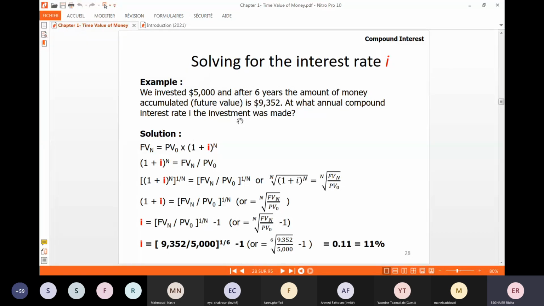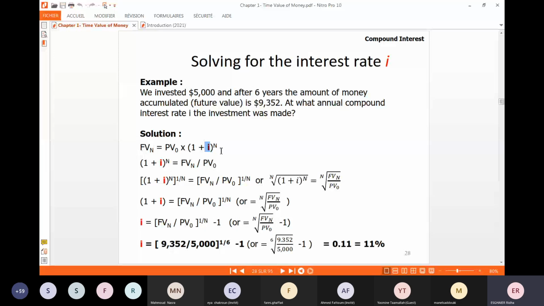Simply, future value n is equal to the present value 0 times 1 plus I power n. We need to determine the I, but to determine the I, we need to eliminate the n. To eliminate the n, we have two alternatives.